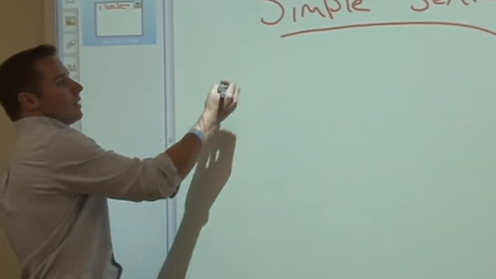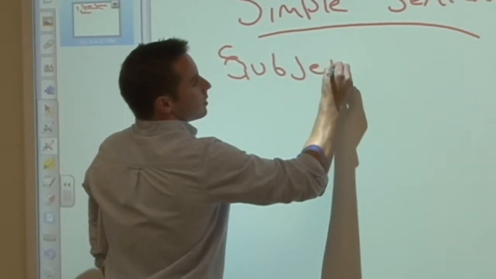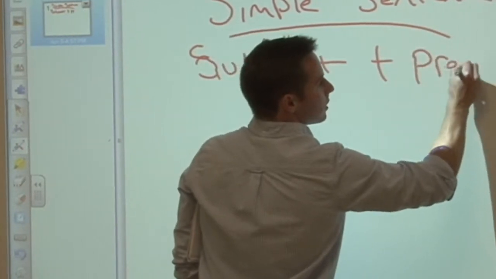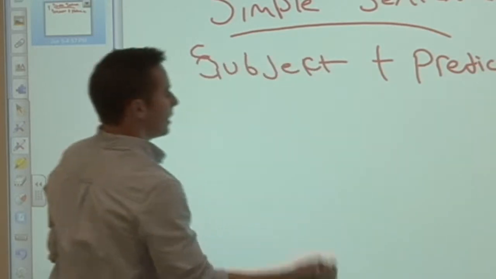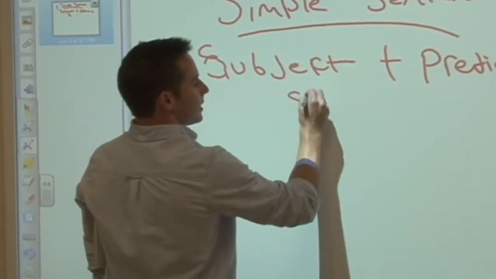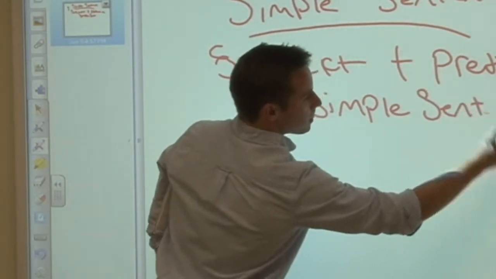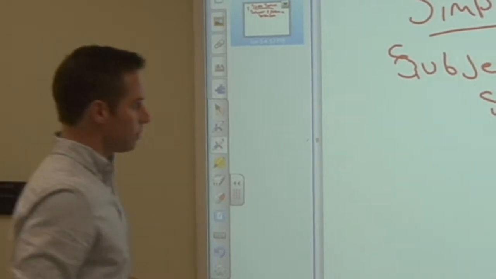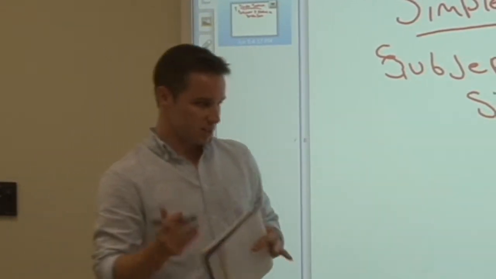It is simply a subject plus a predicate or verb, and it expresses a complete thought. So that is a simple sentence. A simple sentence is basically an independent clause. It is an independent clause. Subject, predicate, complete thought, simple sentence.